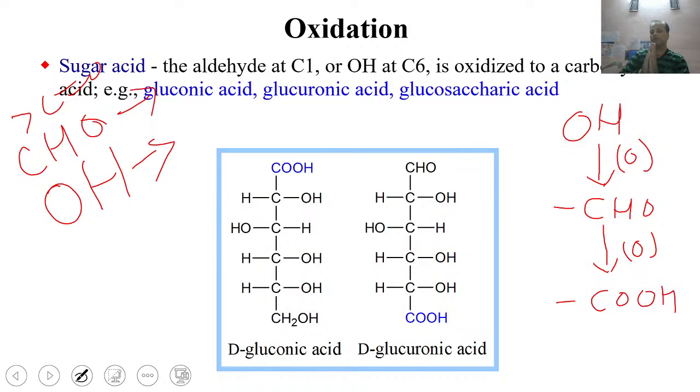Similarly, in the reverse way, acid after reduction gives you aldehyde, and aldehyde after reduction gives you alcohol. This is the normal principle of reaction.